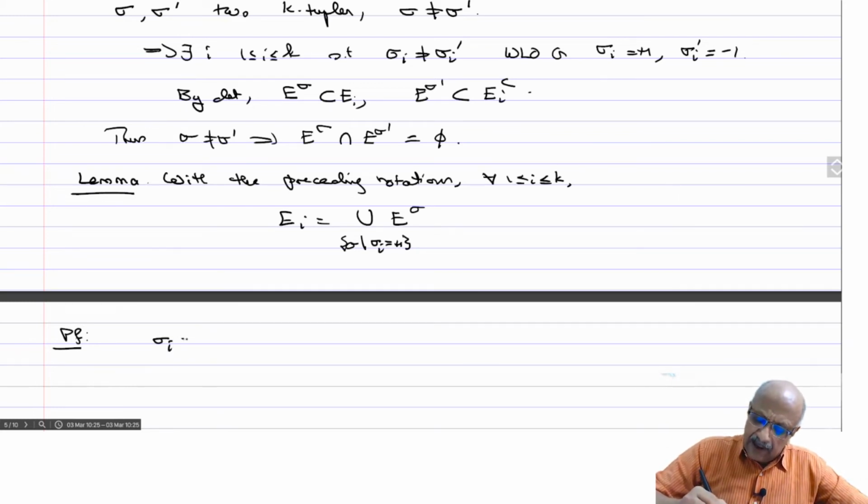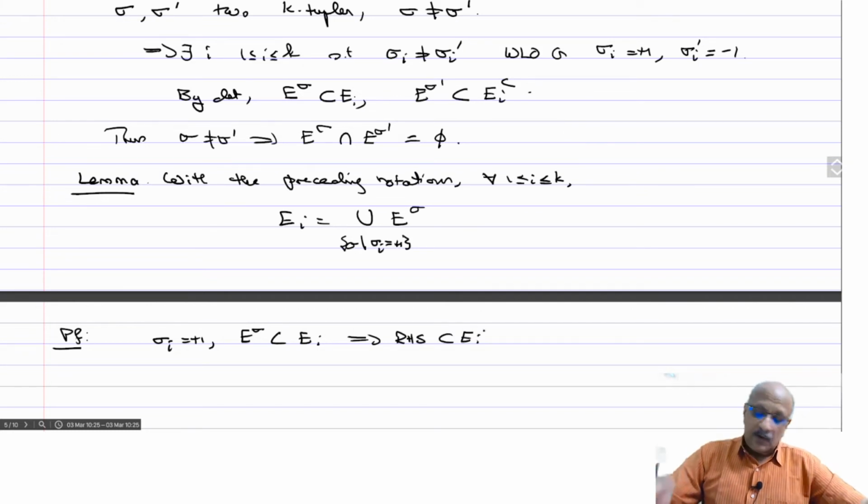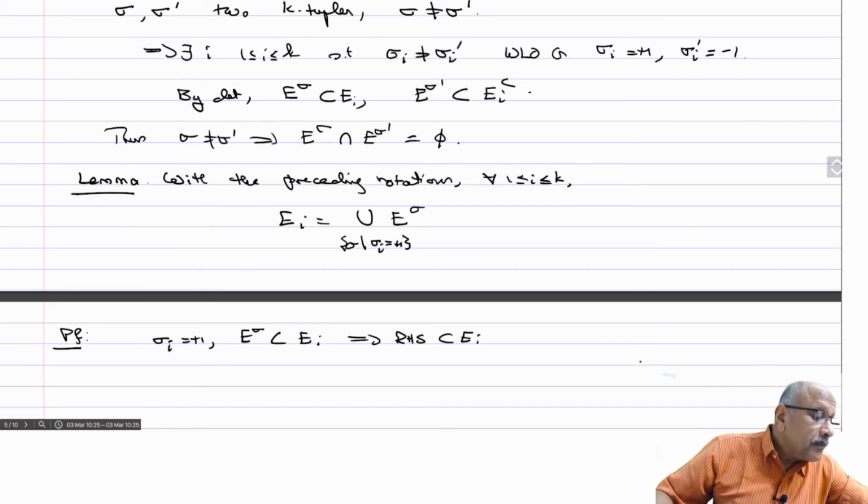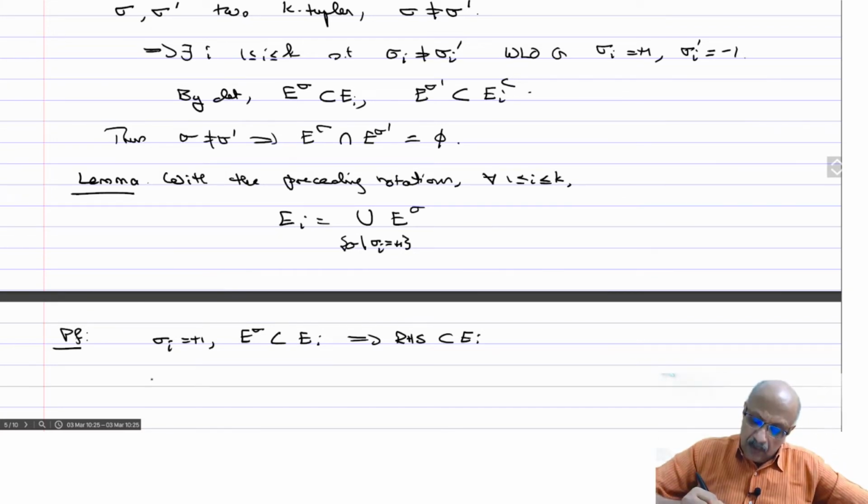If sigma i equals plus 1, then E sigma is contained in Ei. So it implies the right-hand side is contained in Ei. Now for the reverse part, we have to show Ei is contained in this union. So let us take x in Ei.